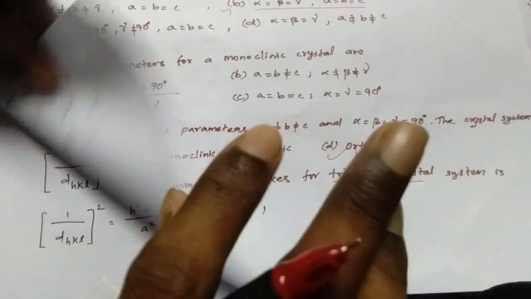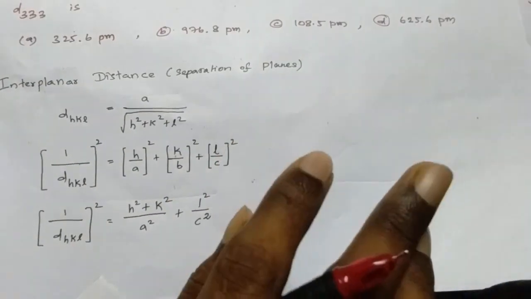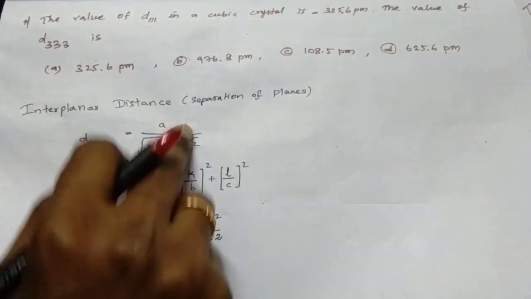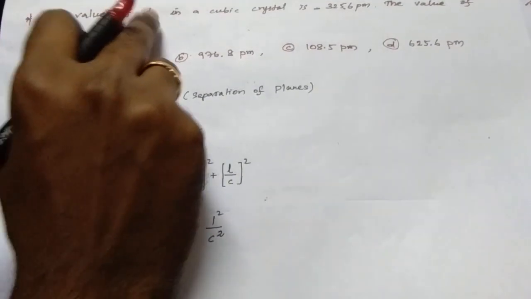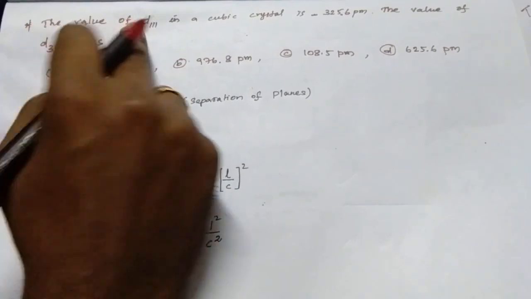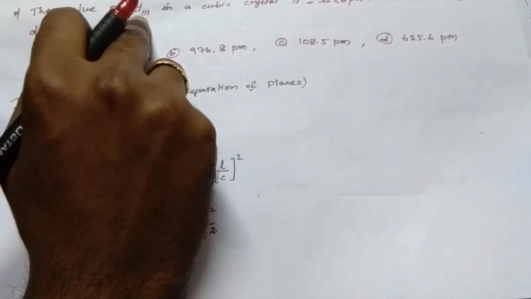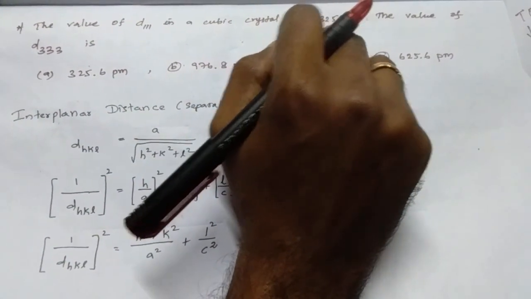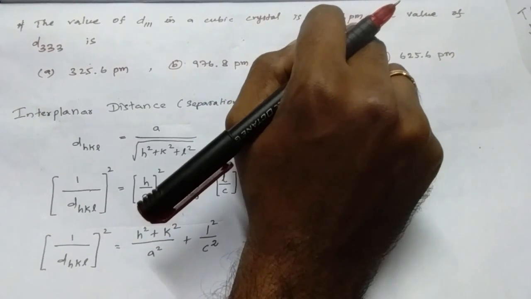So one more question, that is the advanced question. Based on this table you can answer. This is the advanced type question. The value of d_hkl, d is nothing but the distance between the planes, or interplanar distance. d111 in a cubic crystal is 325.6 picometers.